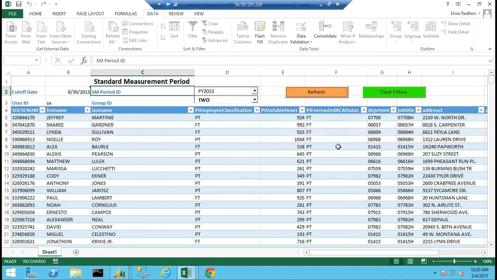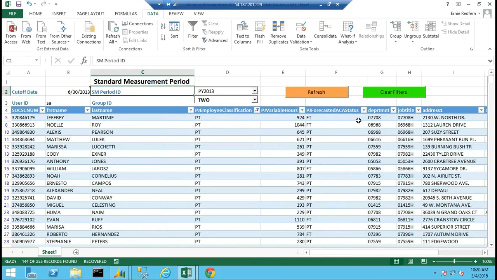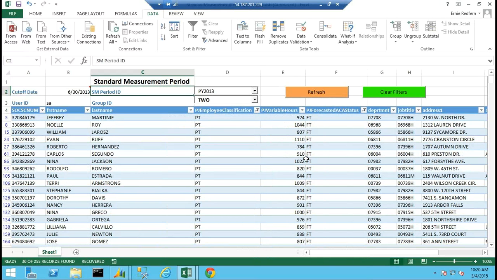But what happens if I create a longer one? You will see that the list gets much shorter because they had to have worked the entire time. And statistically, the longer the period, the more accurate the averaging is. So most of our customers are using 12-month standard measurement periods.